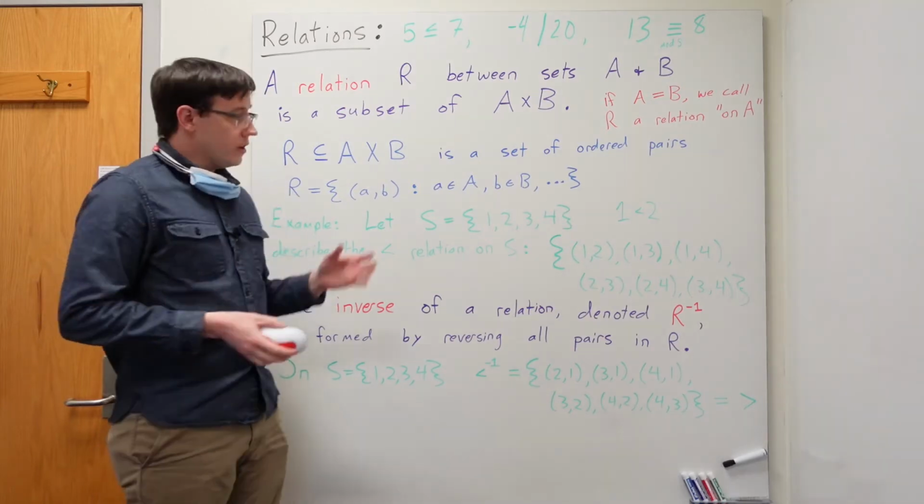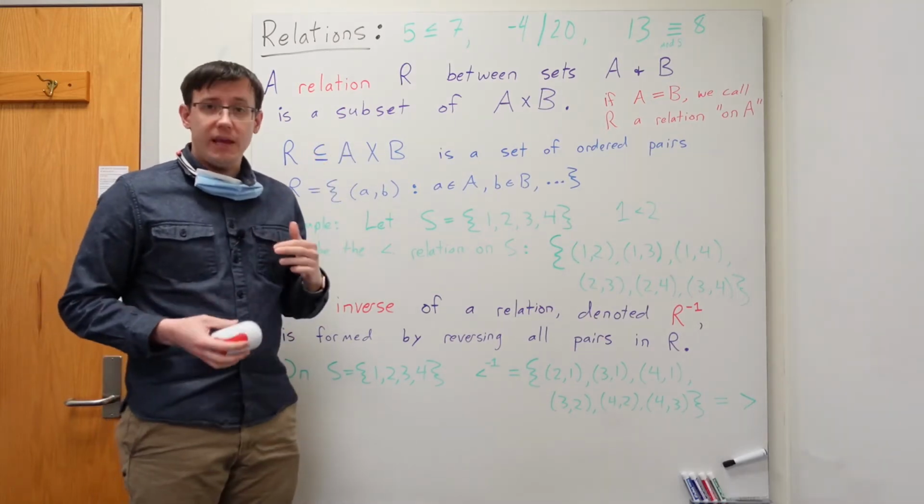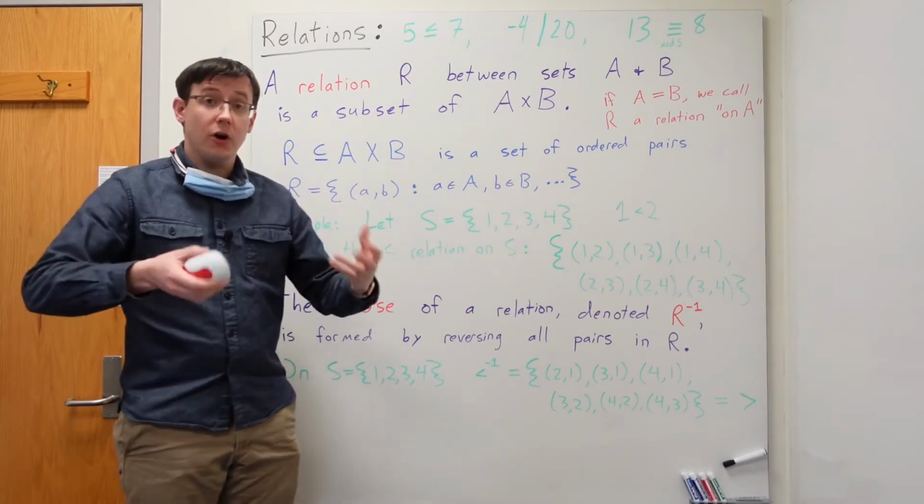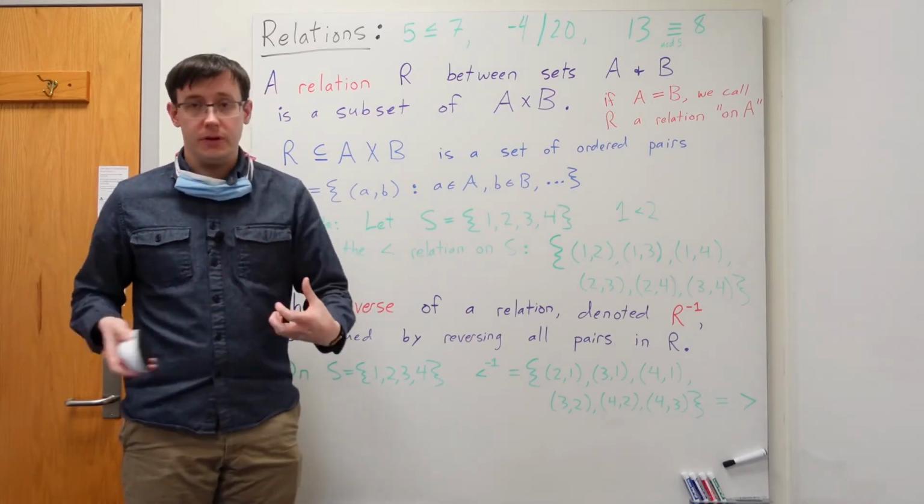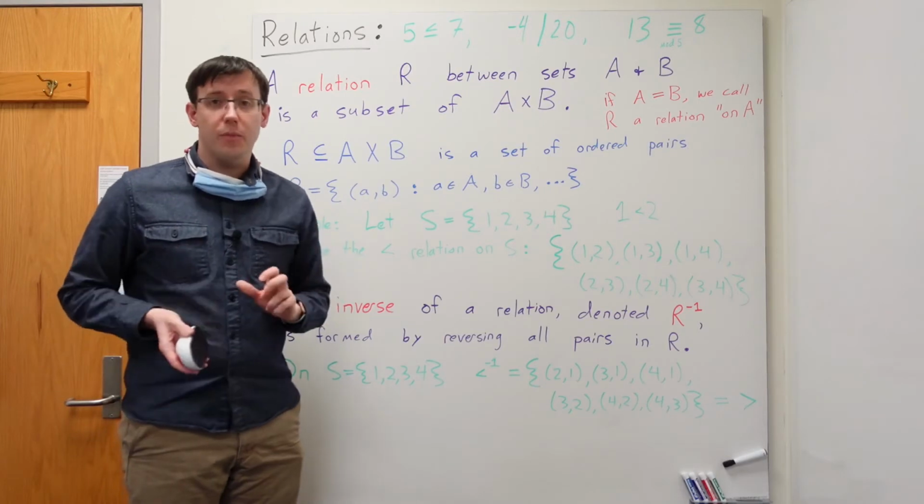The reason for this formal specification of a relation is that it will let us talk about properties of different relations. So let's define some properties now.